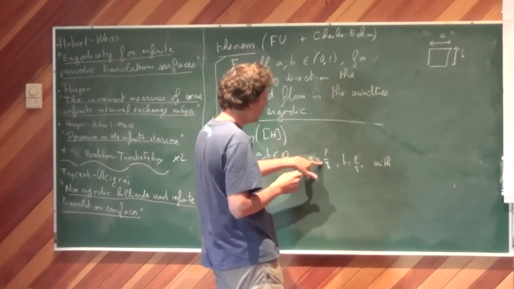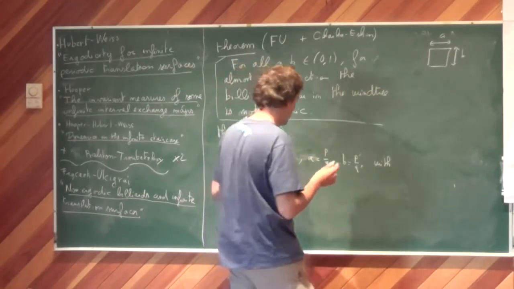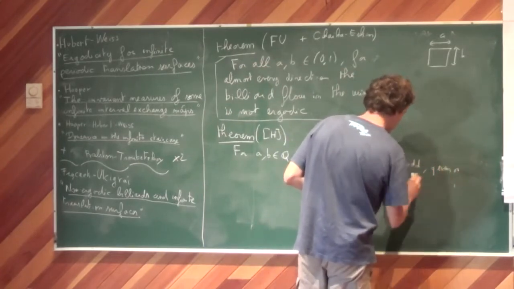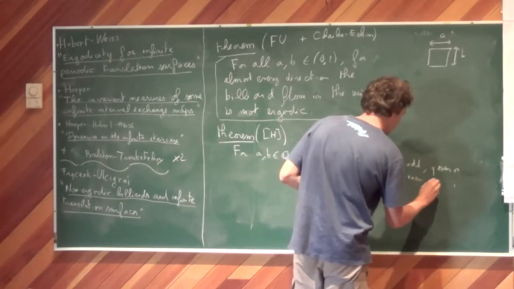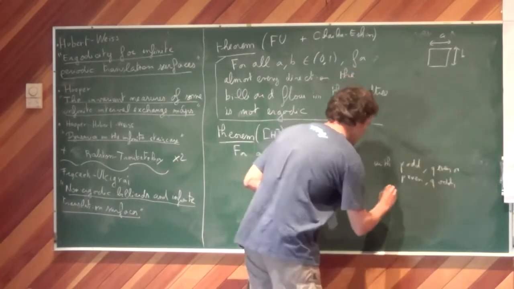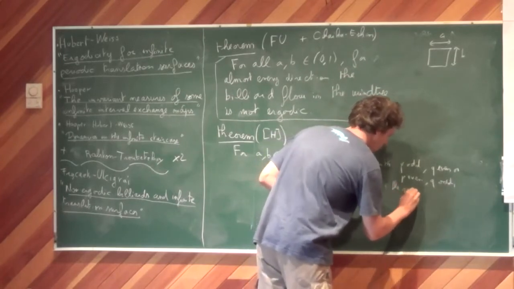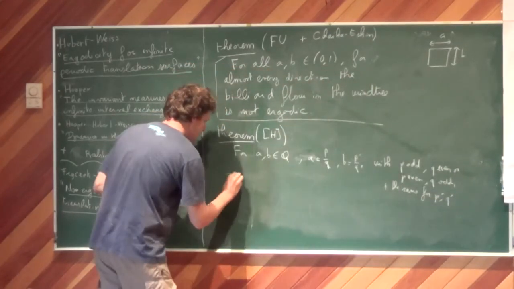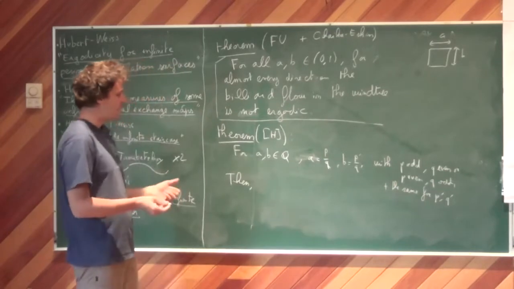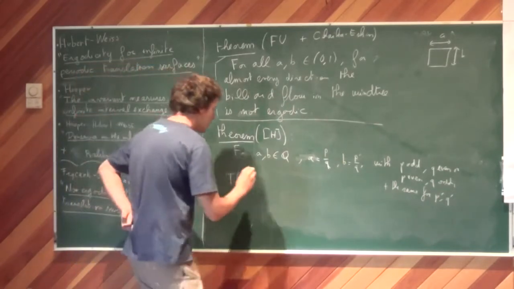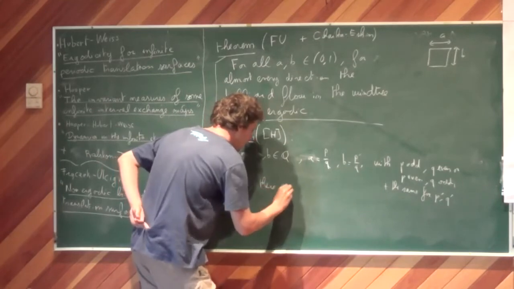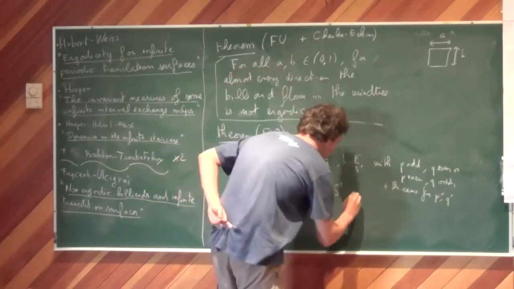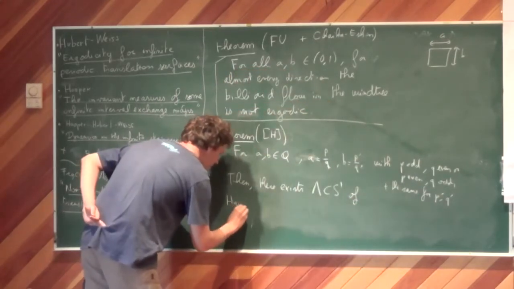In each pair, one of them must be odd and one of them must be even: P odd, Q even, or P even, Q odd. And the same for P prime, Q prime. Then the conclusion is that there exists a big set of directions, of dimension greater than 1/2, for which you do have ergodicity.